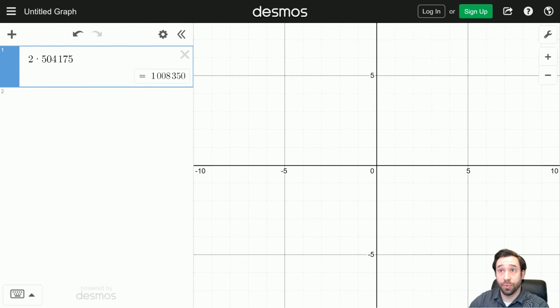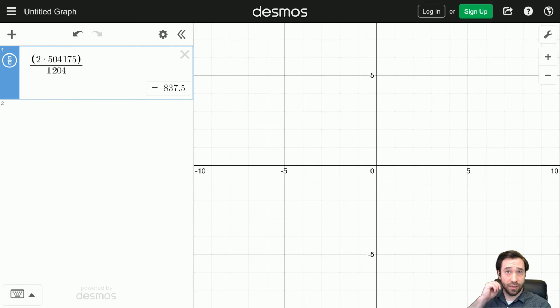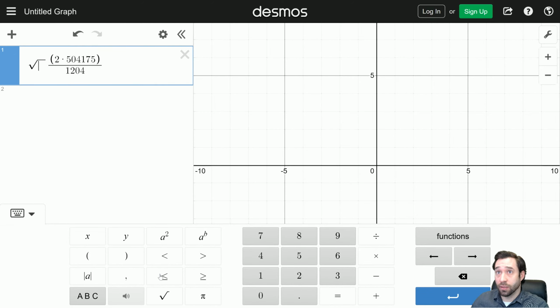Now, do not put in commas. The commas will mess it up. So if you do a close bracket, it'll automatically put an open bracket or open parentheses over here. And then 1204. And then in order to get it underneath the radical, I really wish Desmos had like a fraction symbol, but they don't. So then if you do that, put the radical in there, go behind the radical.